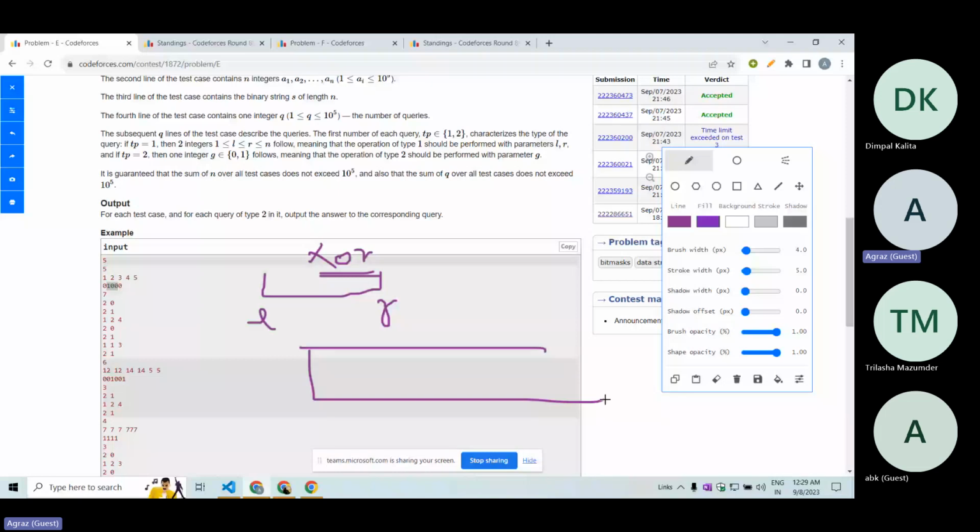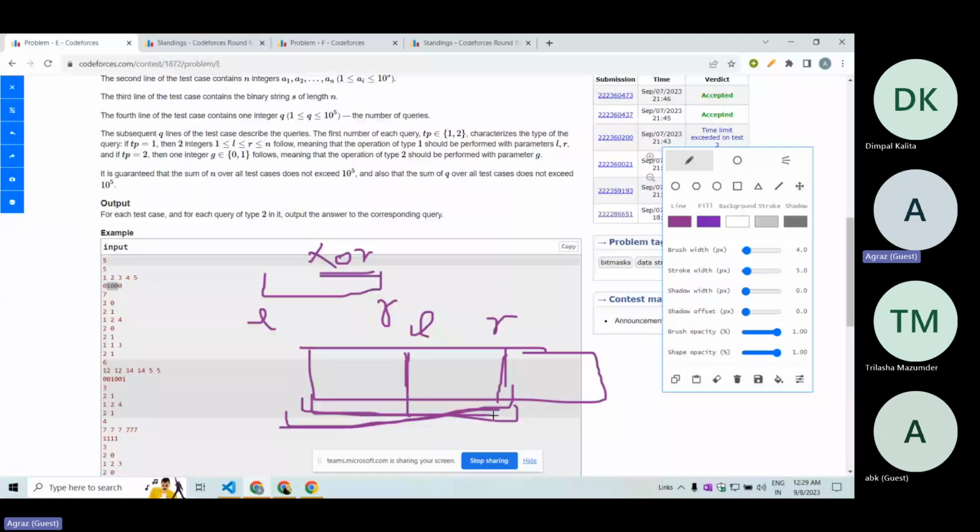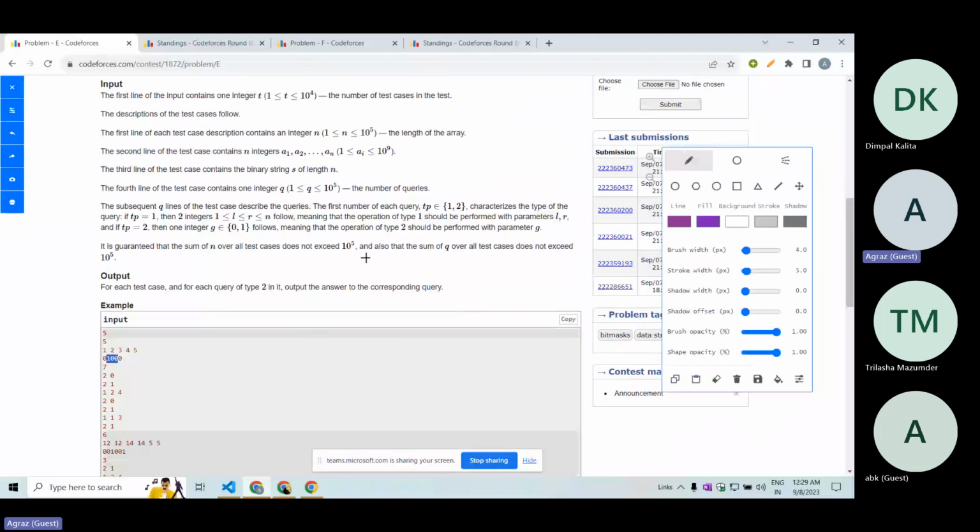To find the XOR of the subarray from L to R, we take the prefix of R and XOR it with the prefix of L minus 1, and we are ready to go with the XOR of this part.